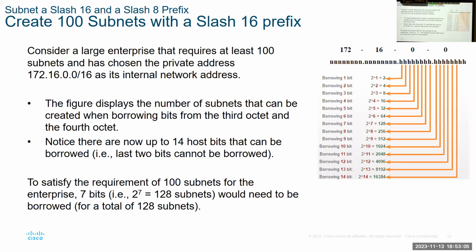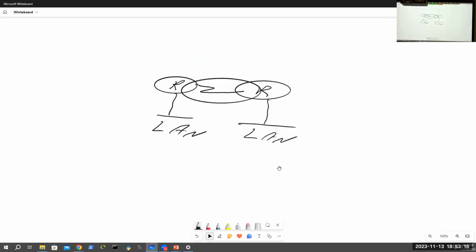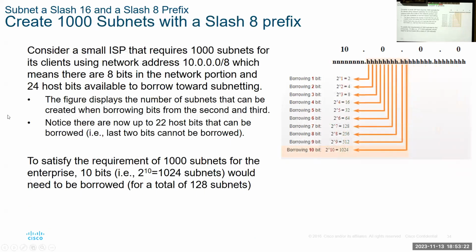All right, so let's do that problem. Let's see, do they do it on the next page? No. Oh, jeez.